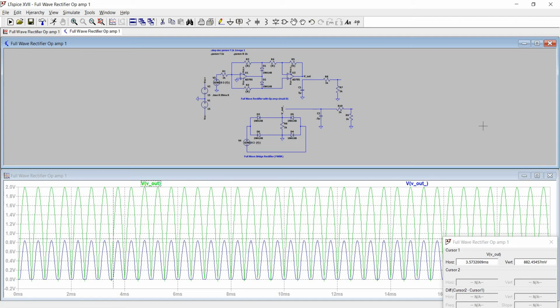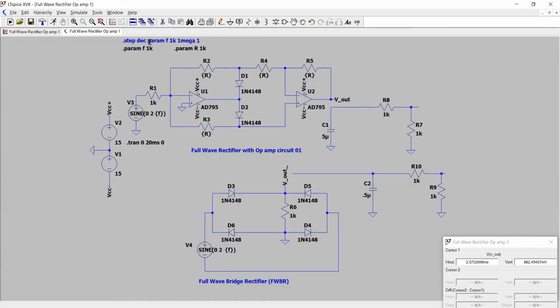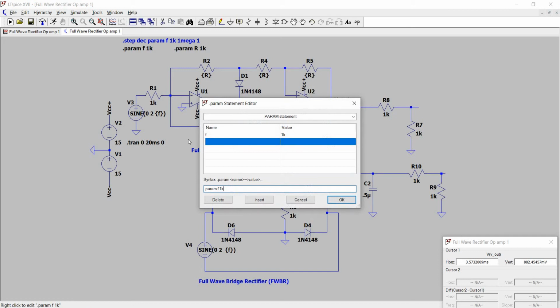Now we will discuss what happens if we convert this circuit into some kind of DC voltage. What will that be?